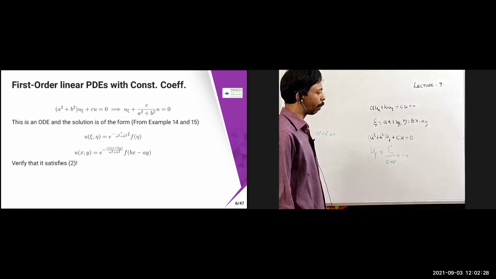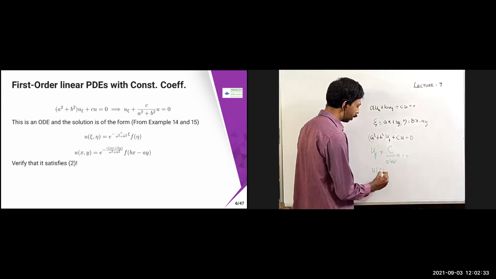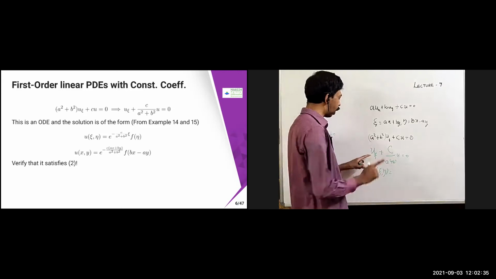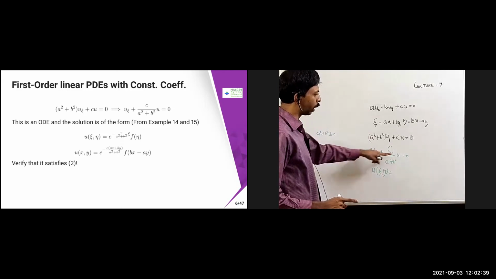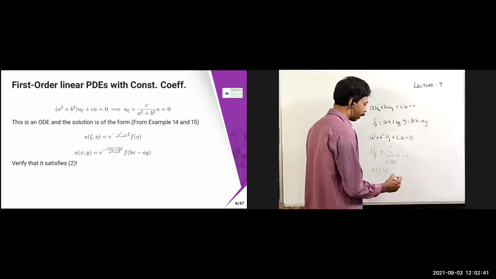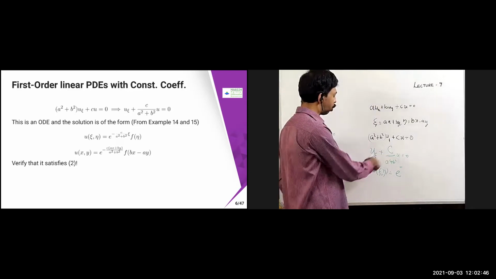How do we solve this ODE problem? Now u of chi comma eta is a function of chi only, because the y term is not there. I can solve this very simple problem by separation of variables.